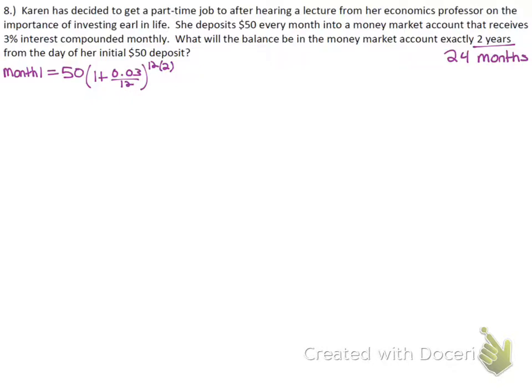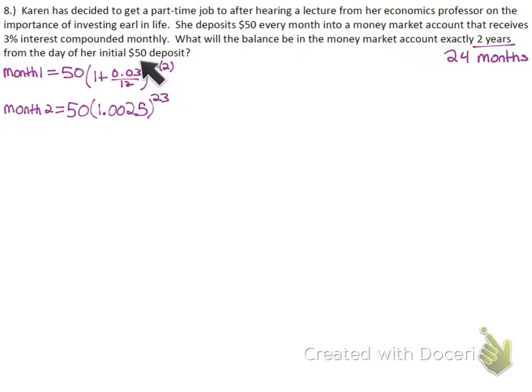Now, if you were to try to evaluate this, the number is too big for your calculator to actually evaluate. The money that you put in month 1 is going to be the money that grows the most because it is in there for the longest amount of time. So now let's take a peek at what the money would look like at month 2. You can see here that I simplified it a little bit.